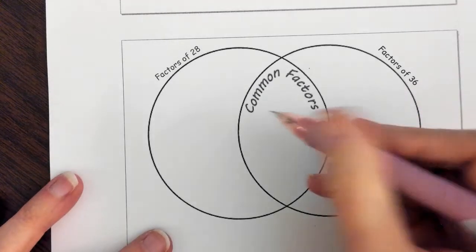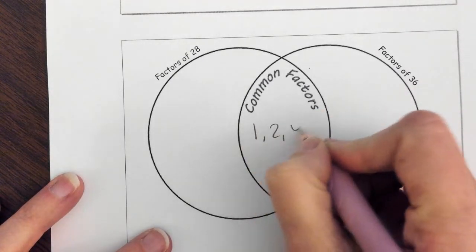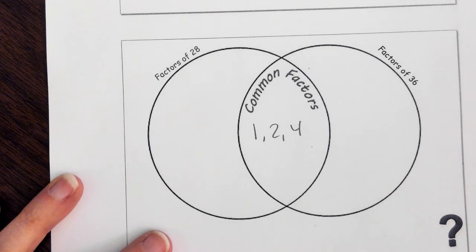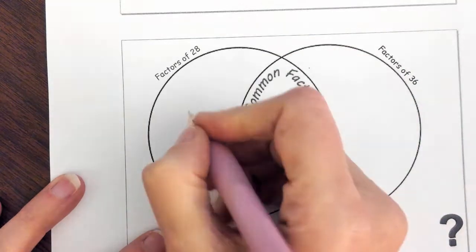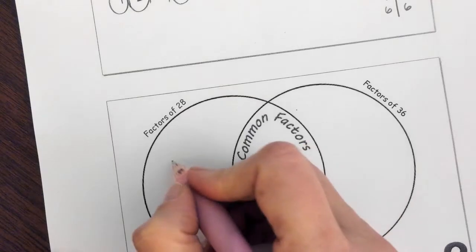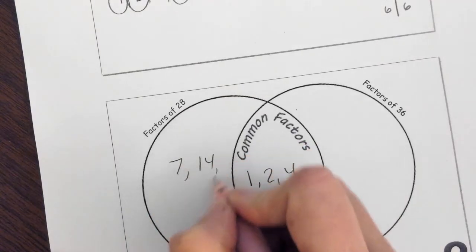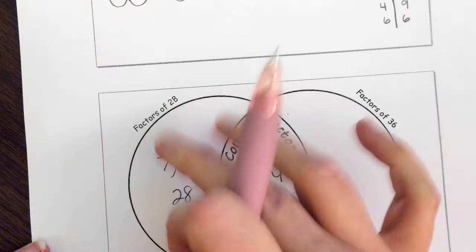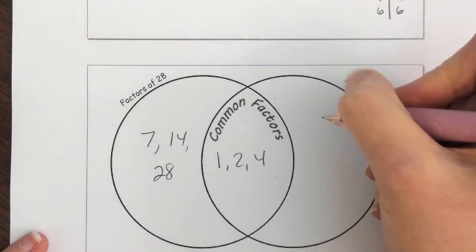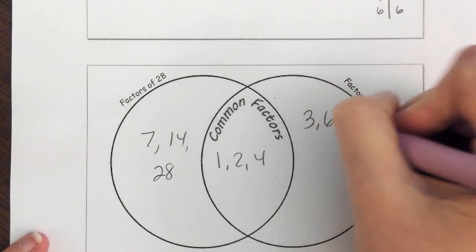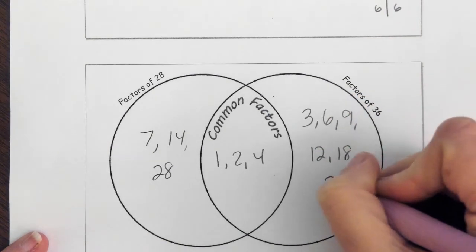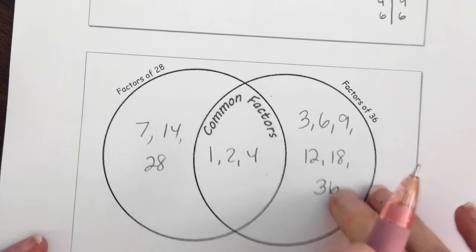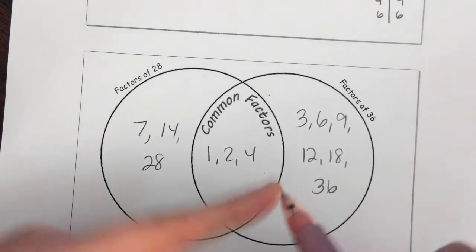So those common factors, 1, 2, 4, go in the middle of my Venn diagram because that's where the overlap is. And then the other factors: 7, 14, 28 are only factors of 28. And 3, 6, 9, 12, 18, 36 are only factors of 36. 1, 2, and 4 are the ones they have in common.